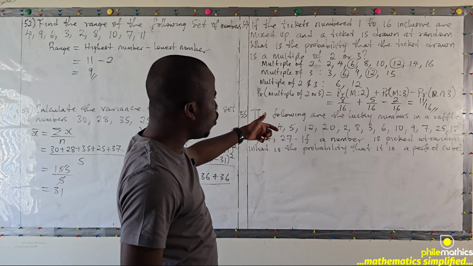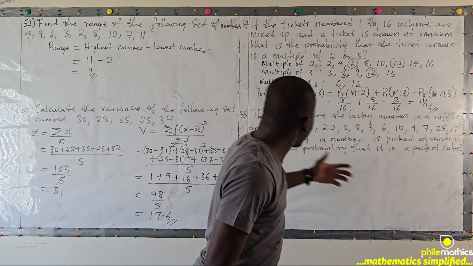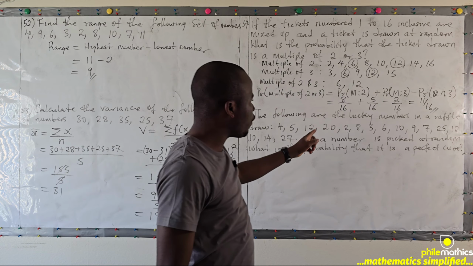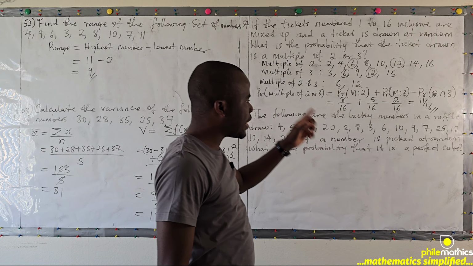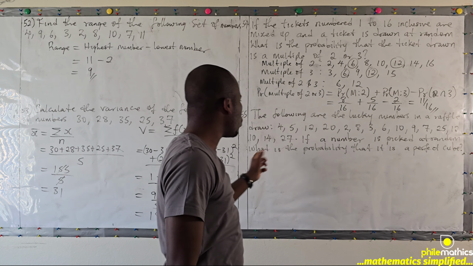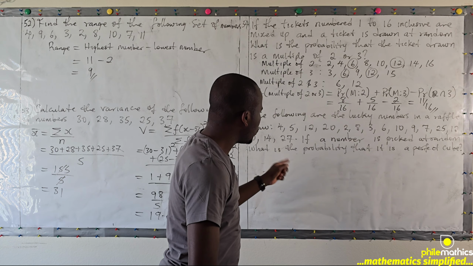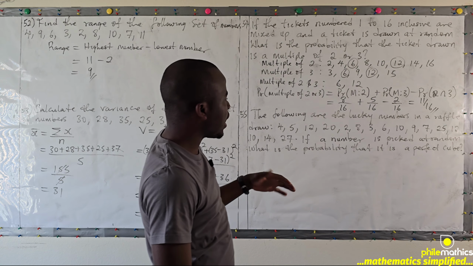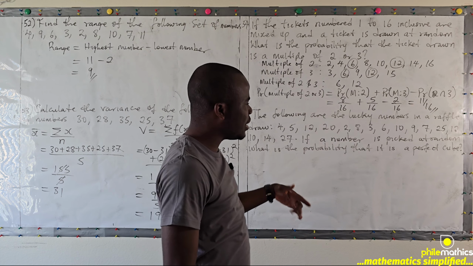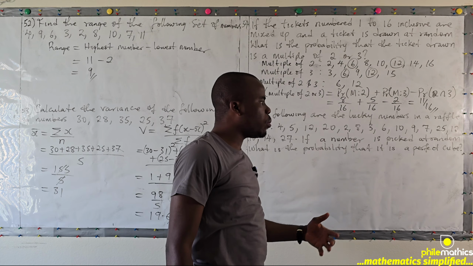55 says the following are the lucky numbers in a raffle draw: 4, 5, 12, 22, 8, 3, 6, 10, 9, 7, 25, 12, 10, 14, 27. If a number is picked at random, what's the probability that it's a perfect cube? A perfect cube is simply a number such that a lesser number multiplying itself three times gives that number.